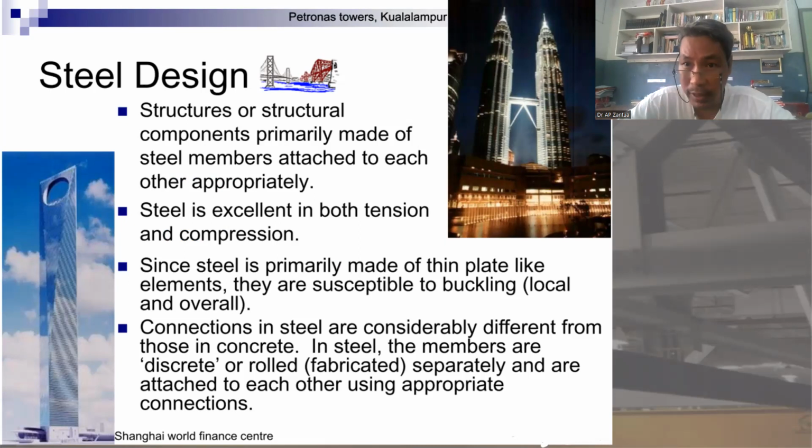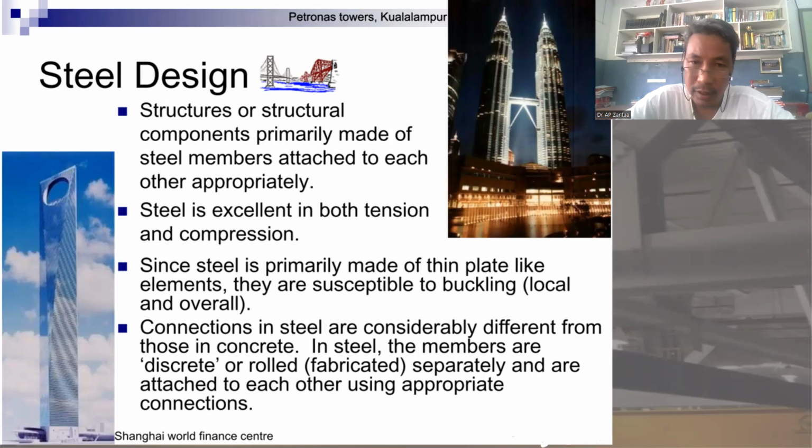So there's an assembly of components, joining of components, joining of members. Steel is an excellent material in both tension and compression. That's correct. It is one of the emphases we gave you in one of our previous modules.